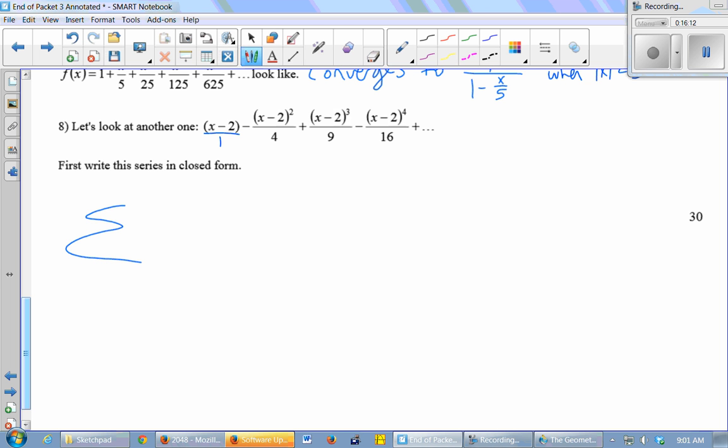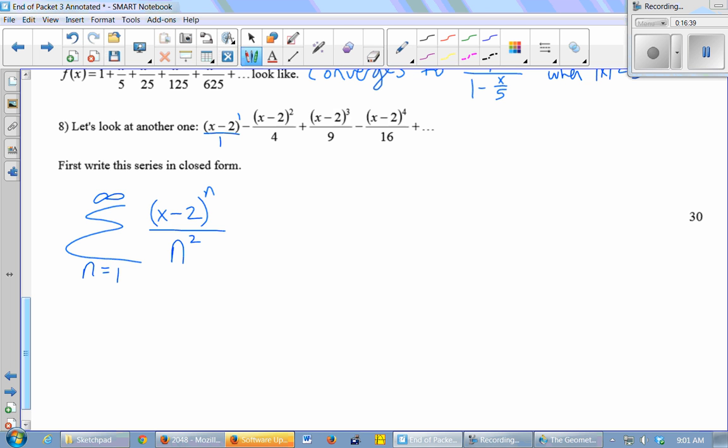My denominators are squares. So my denominators are all something squared. So I'll just put n squared under there. And my numerators are all x minus 2 to a power. And the power is the same as the number that's squared on the bottom. So we'll have that be n, and we'll have n start at 1.